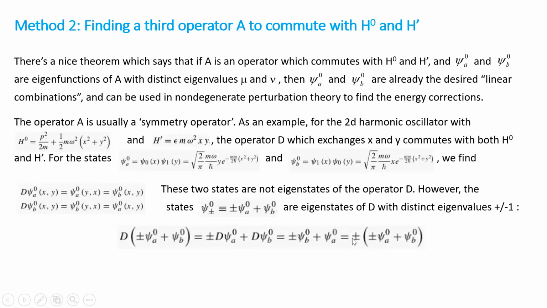But this can be written as plus or minus the plus or minus psi A0 plus psi B. Because if we take the upper signs, we get psi A0 plus psi B, which is the top state here. If we take the lower signs, we get psi A0 minus psi B0.